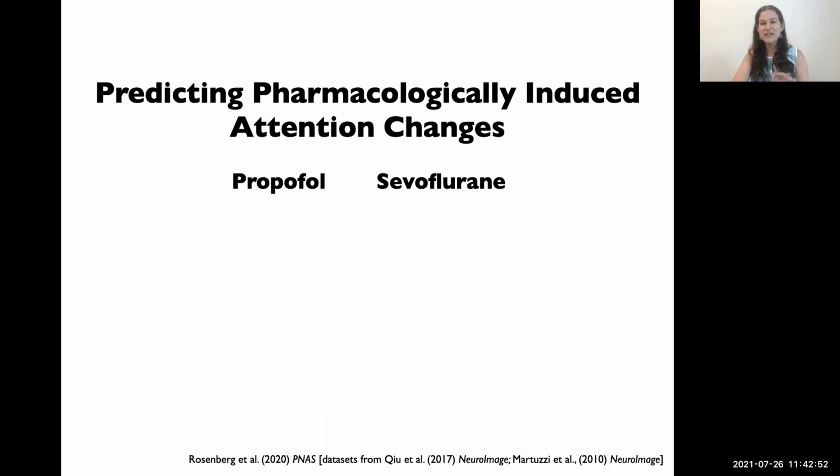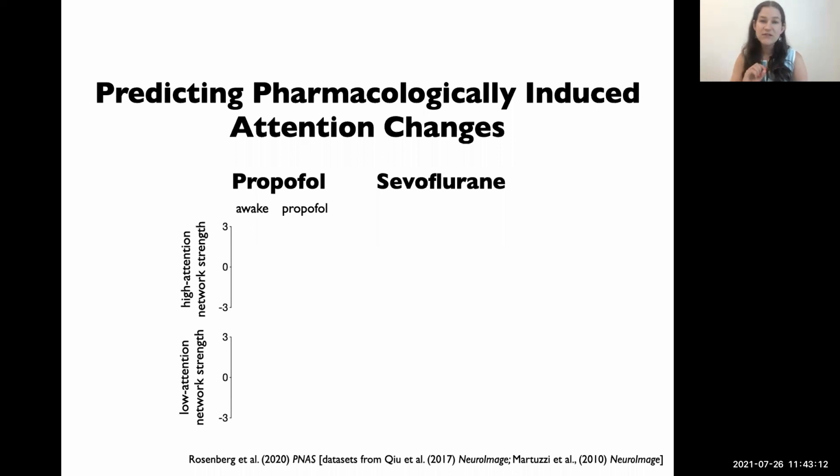In these data sets, individuals were given either a dose of propofol or sevoflurane. And anesthetic agents have many other effects in addition to modulating attentional state, right? They affect other cognitive states and states of consciousness, but one of the processes that they do affect is attention. And so we asked, do individuals scanned while awake and just resting in the scanner show functional connectivity signatures of stronger sustained attention than they do while they're under deep sedation with propofol?